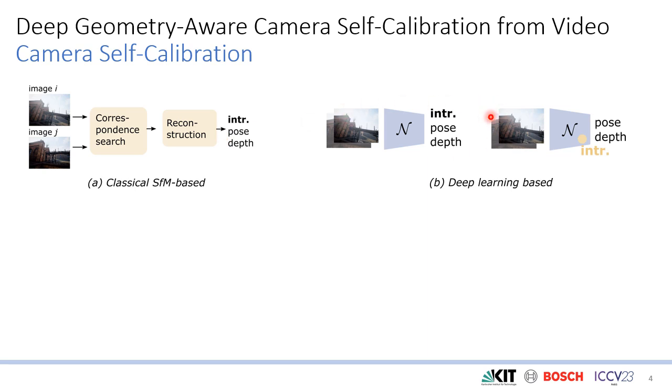More recently, deep learning approaches have been proposed that either regress the intrinsics given a pair of images or learn the intrinsics of the training data. However, to be applicable to different cameras, they require training data from many different cameras, and they omit the prior knowledge about the underlying multi-view geometry.